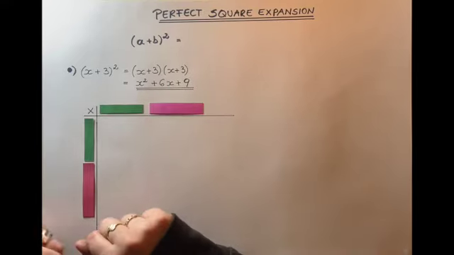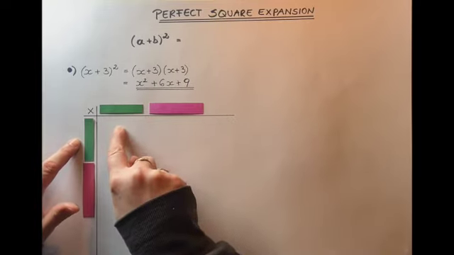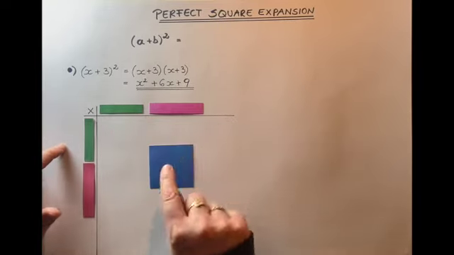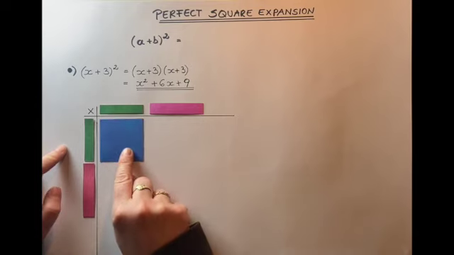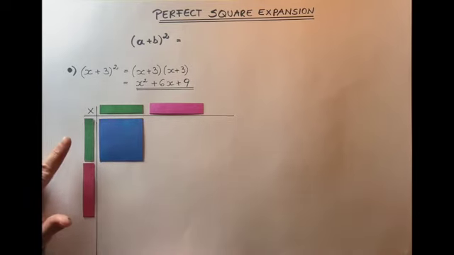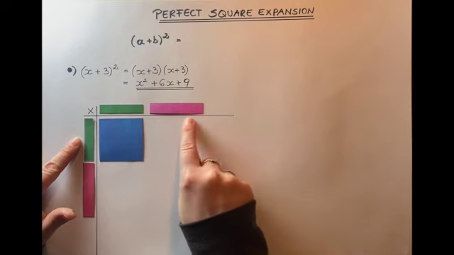Now, we're going to multiply. a times a gives us a squared. Then we have here a times b.